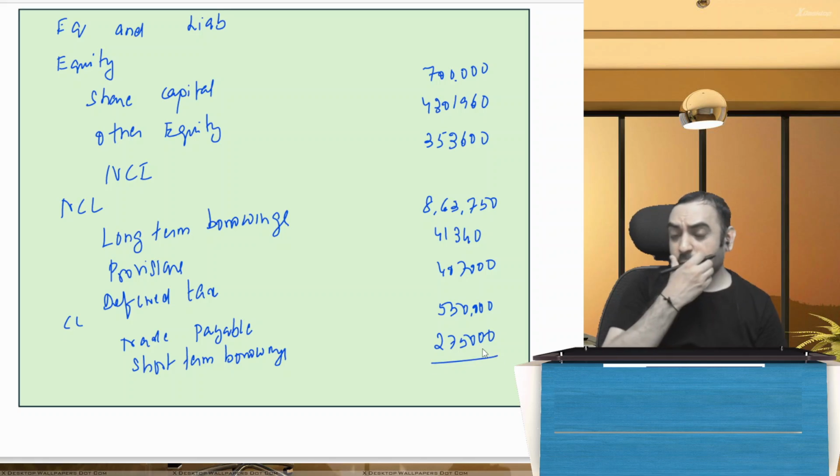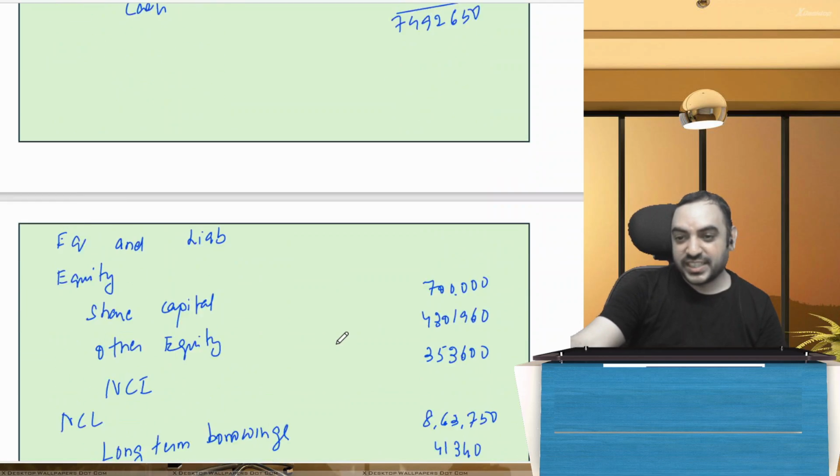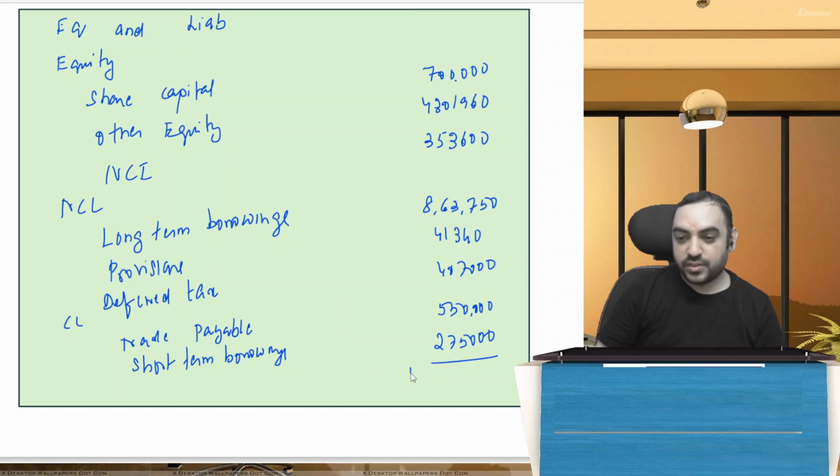And you can do the total. Hopefully this side also tallied. 7 lakh, 43 lakh 1,960 plus 3 lakh 53,600, 8 lakh 63,750, 41,340, 4 lakh 7,000, 5 lakh 50 and 2 lakh 75. So 74,92,650. Yes, 74,92,650.